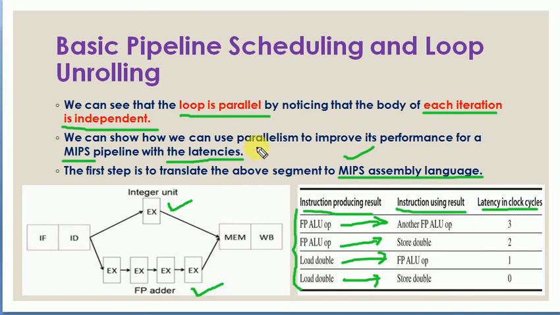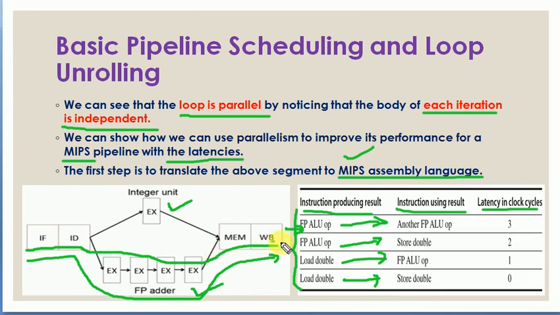Now the first instruction that produces the result is a floating point ALU operation, and the second one is another floating point ALU operation, which will also pass through the same area.